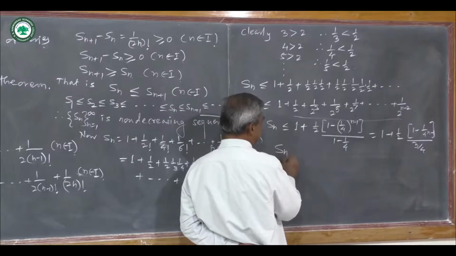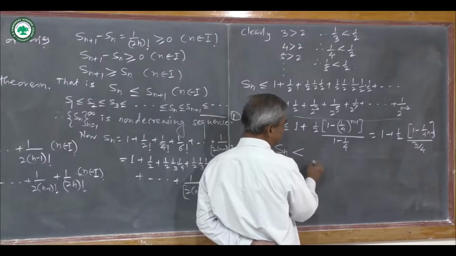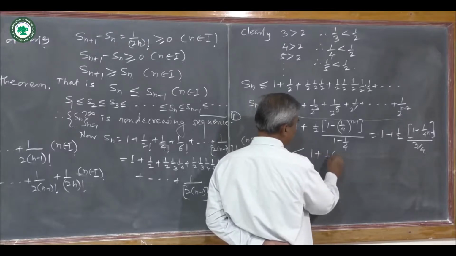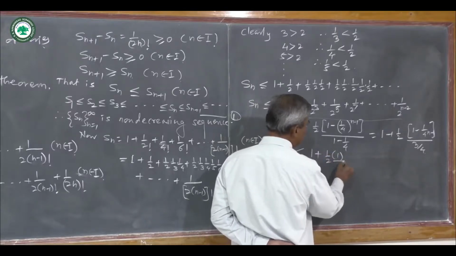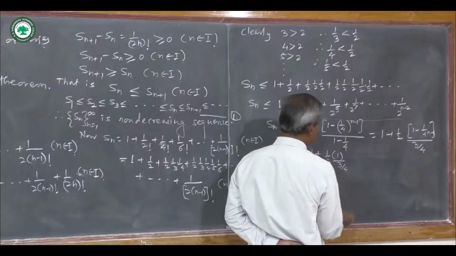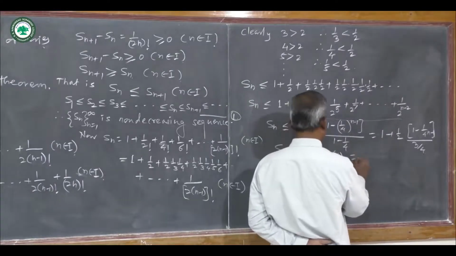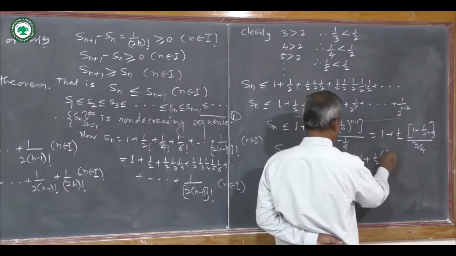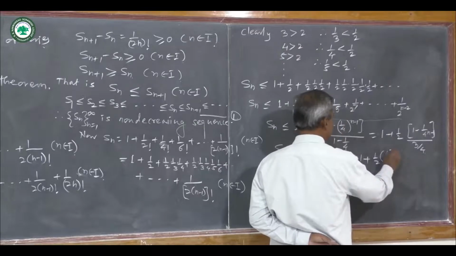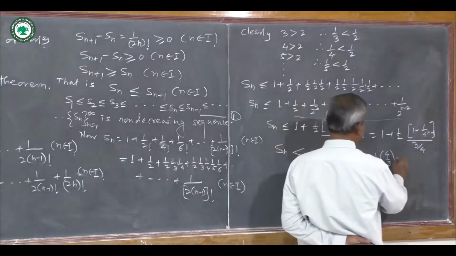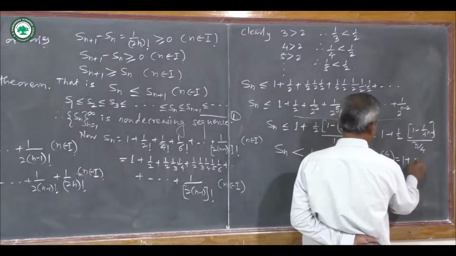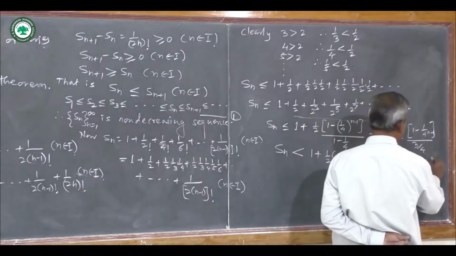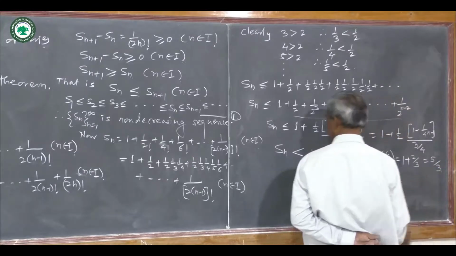Therefore, Sn is less than 1 plus 1 by 2 into 1 upon 3 by 4, which is 1 plus 1 by 2 into 4 by 3, which is 1 plus 2 by 3, which is equal to 5 by 3.